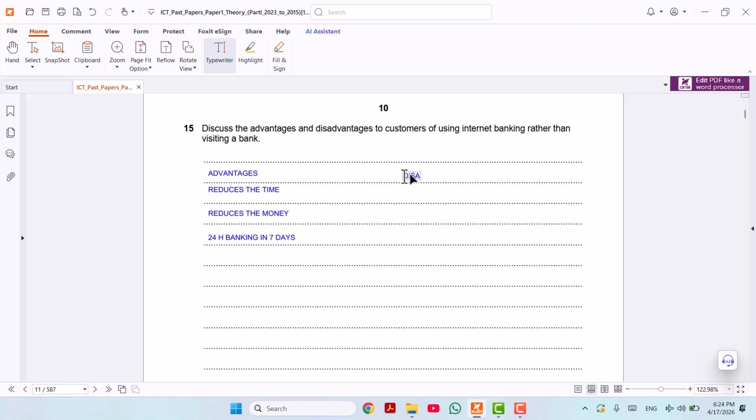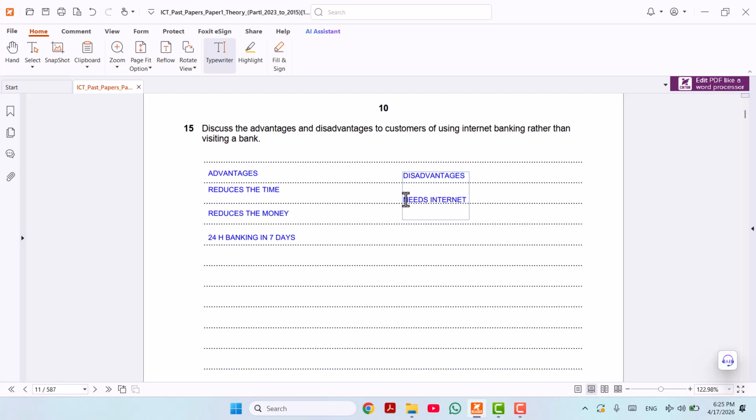Disadvantages: for example, the user needs internet to access. So you cannot access online internet banking without internet.